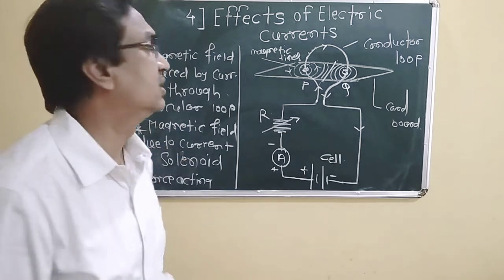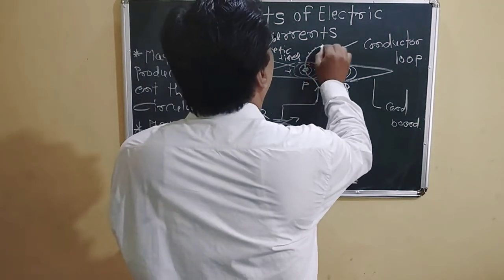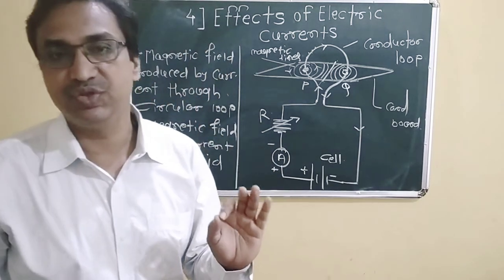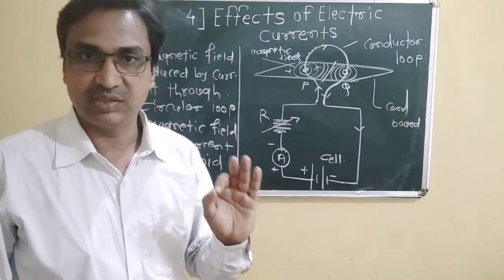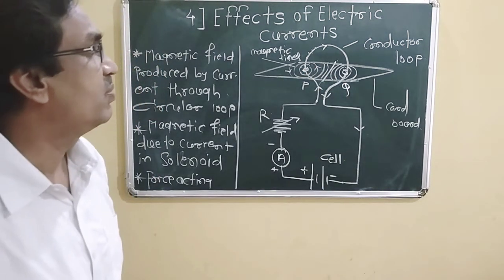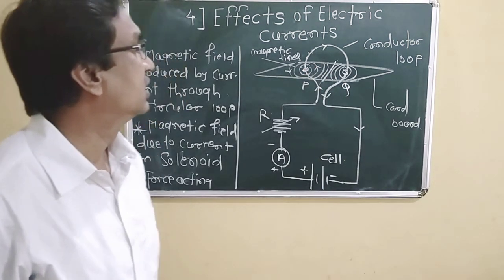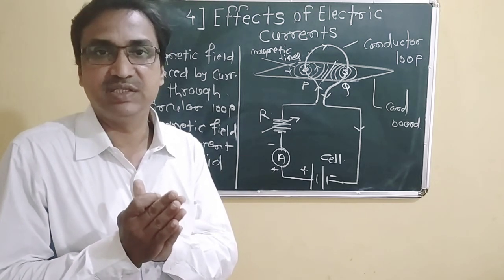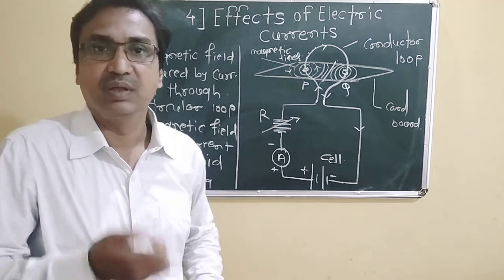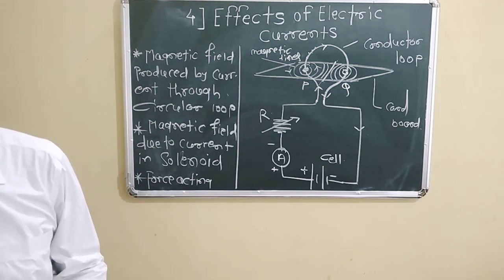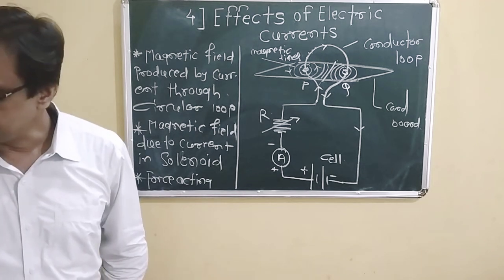So we have to check whether the direction of the magnetic field changes or remains constant. From here also we can see that the direction of the magnetic field we can easily find out by using Fleming's right hand rule.